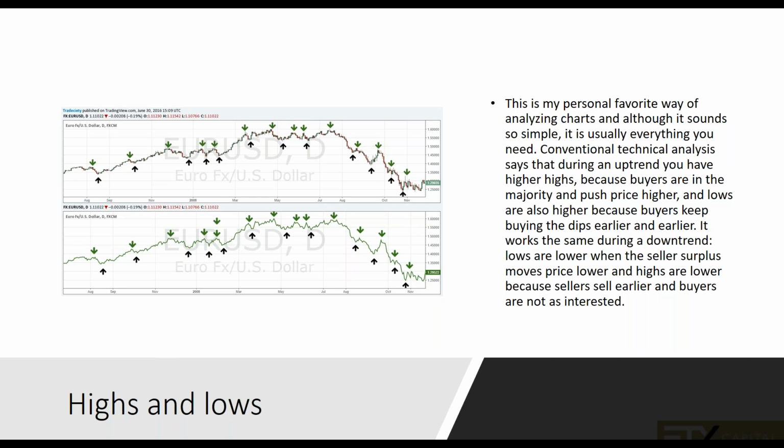And lows are also higher because buyers keep buying the dips. It works the same during a downtrend, but in reverse. And if you can identify the swing highs and swing lows, the highest point the asset is trading, and this is using candlesticks because you want the highest point it has touched, then you can identify a trend.